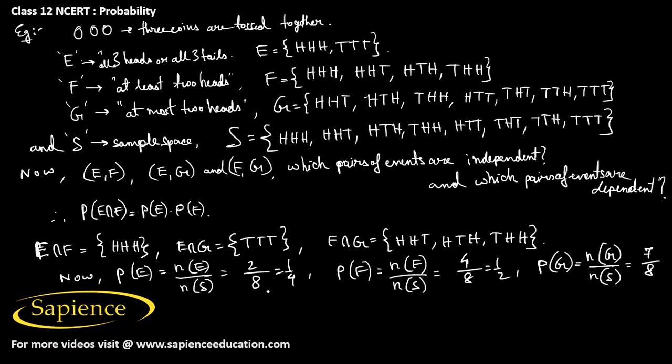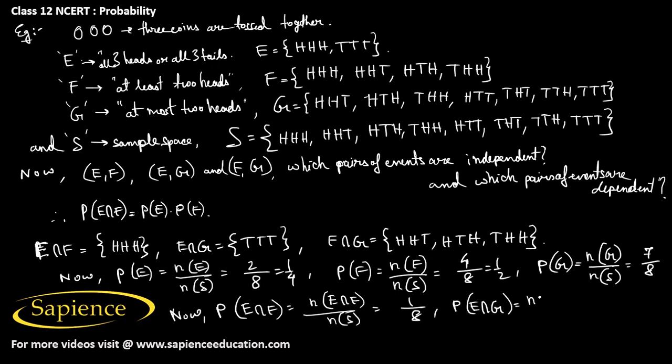Now we also need to find the probability of the event E intersection F. That will be the number of elements in E intersection F divided by the number of elements in S. E intersection F has one element, so that is 1 by 8. And the probability of E intersection G will also be the number of elements in E intersection G divided by the number of elements in S, so that will also be 1 by 8.